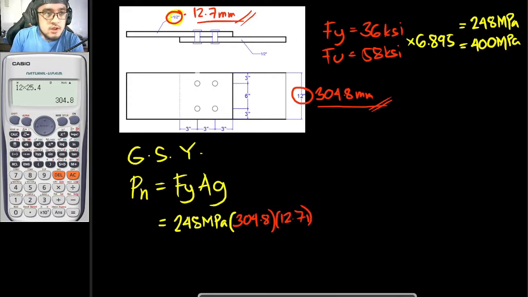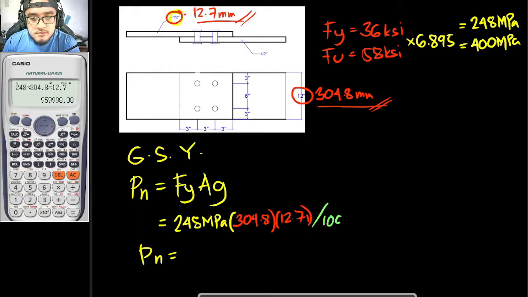So, ayan. Solving for this value right here, this is to be equal to 248 times 304.8 times 12.7, that is to be equal to 959998.08 newtons. But since I want it to be in terms of kilonewton, divide natin to by 1,000.